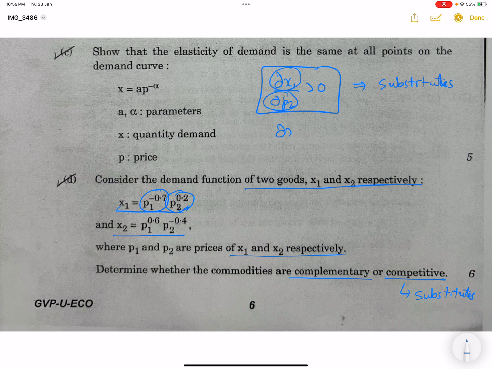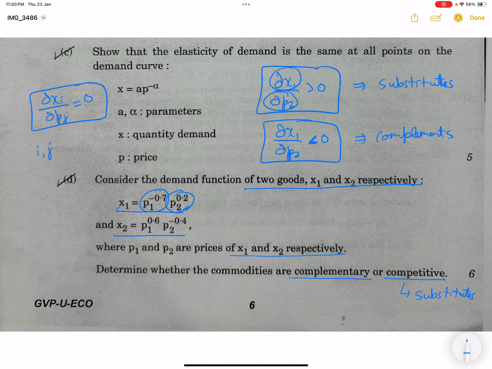On the other hand, if del x1 by del p2 is coming out to be less than 0, that would mean if the price of the other good increases, the demand for the concerned good is falling. This would suggest that they are complements. And if del xi by del pj is coming out to be 0, that would mean the goods i and j are not related.